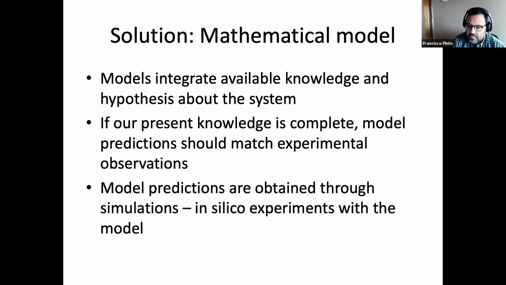The idea is that you keep making new predictions until the predictions fail, because it is when the predictions are not able to reproduce experimental observations that you know that you need to change something in the model.